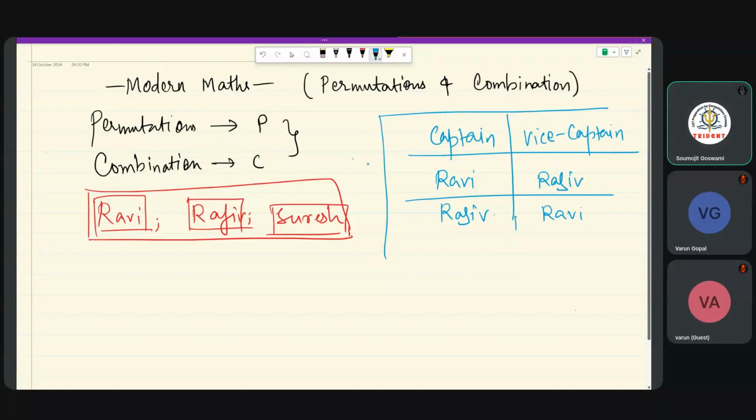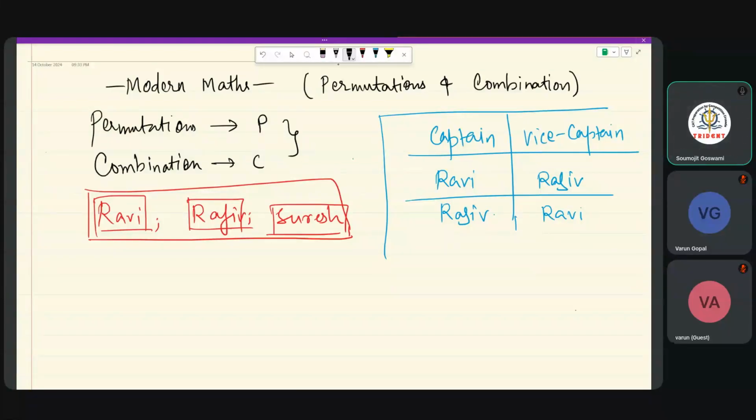Okay. Before I proceed further, I'm asking a very simple question. These two scenarios, captain, vice captain, Ravi, Rajiv, Rajiv, Ravi. I'm asking you this question, and answer this question for me. Take your time if you need.